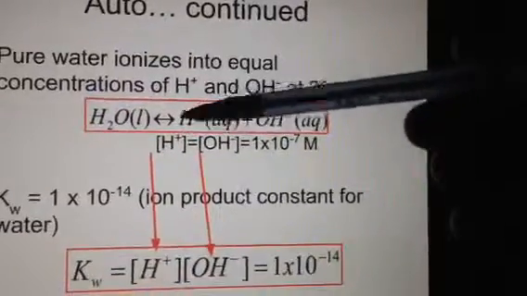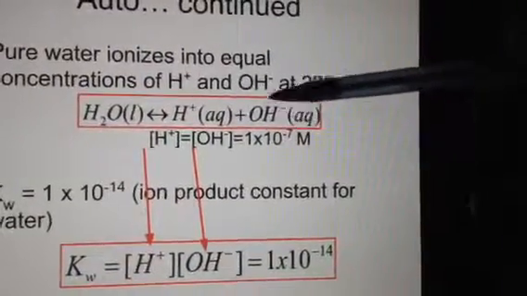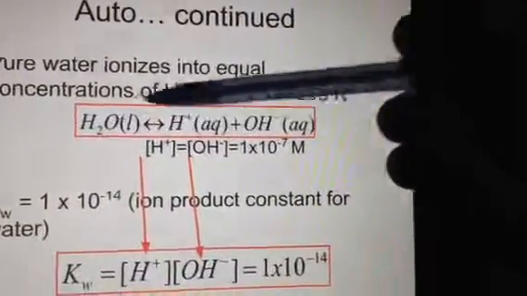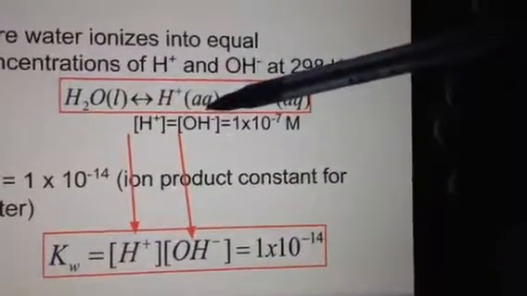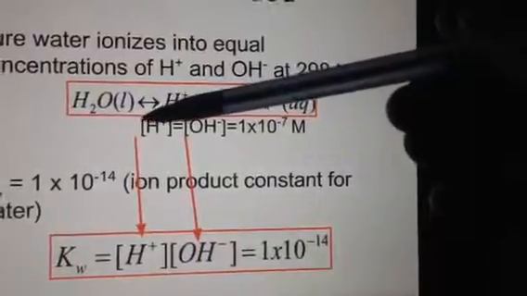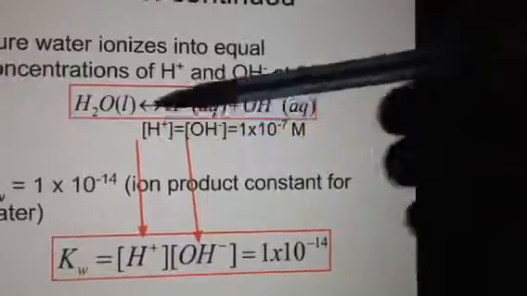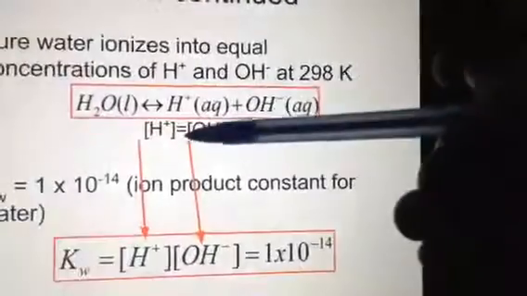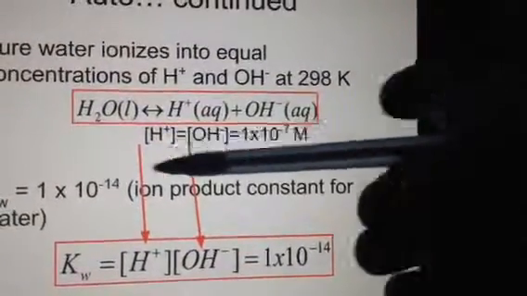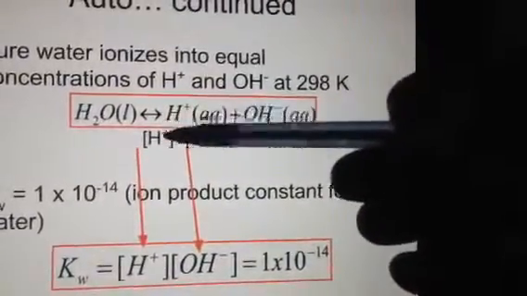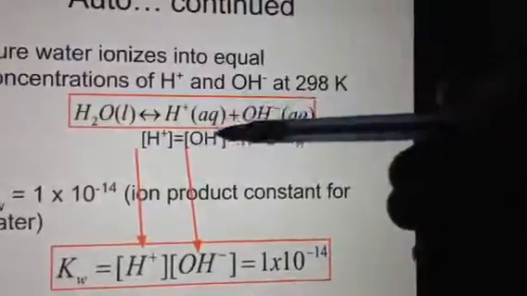We should have the same amount of acid ions as bases, so they can come together to neutralize and make water. When I talk about concentration, I'm talking about these things in brackets right here. When I put brackets around anything, I'm talking about the concentration, or basically the liquid amount. So the concentration of H plus should be the same as the concentration of OH minus.